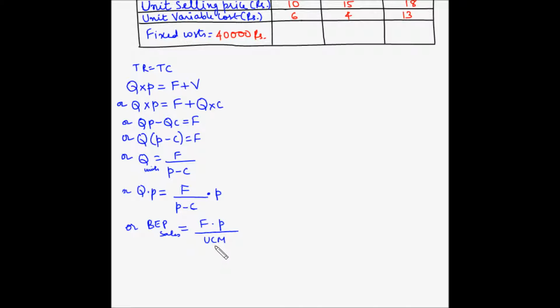So contribution margin is nothing but the amount which contributes towards the payment of the fixed cost till the break-even point is achieved, and after that it contributes towards profits. So this is the formula for the break-even point when we have one product.